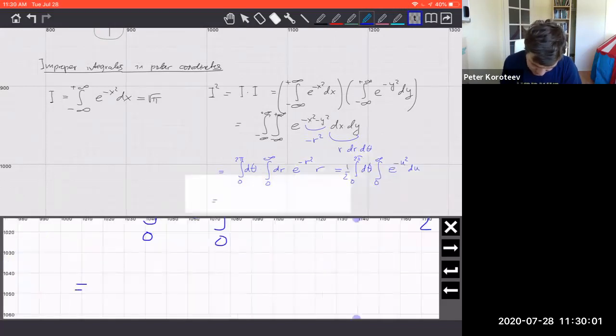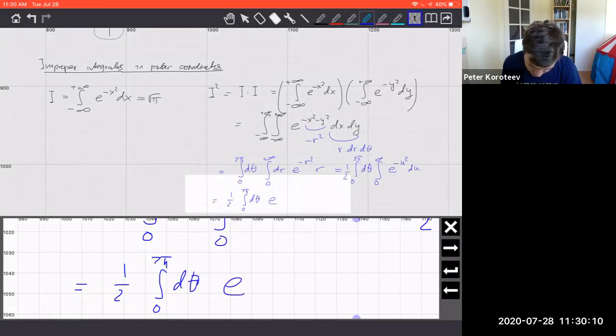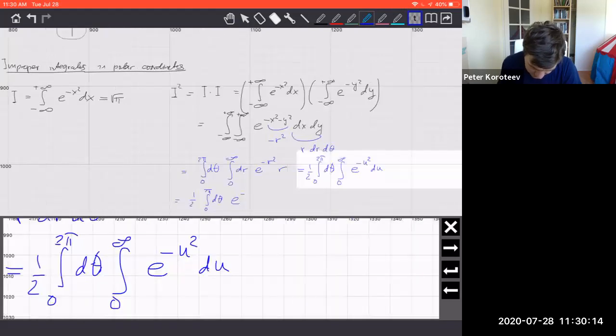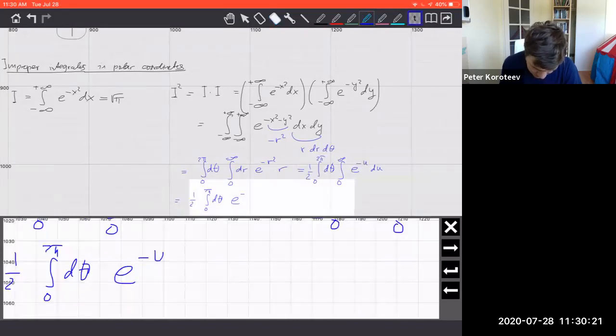So now it's equal to 1/2 integral from 0 to 2 pi d theta of e to the minus u, without the square. That was the whole point. So e to the minus u between 0 and infinity.